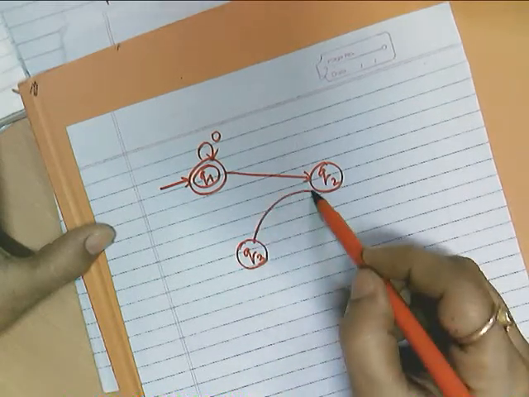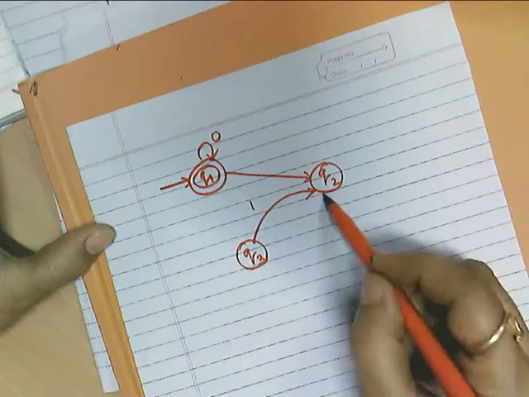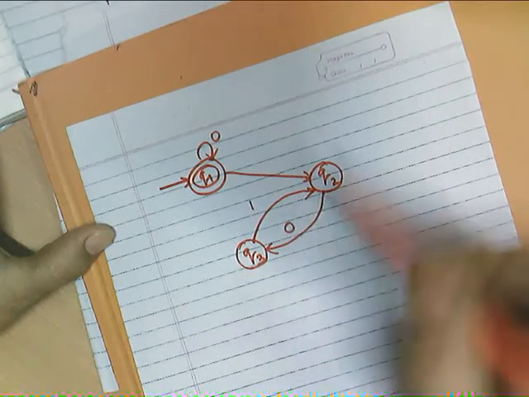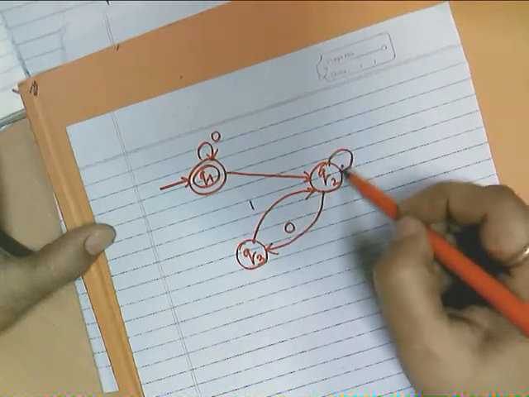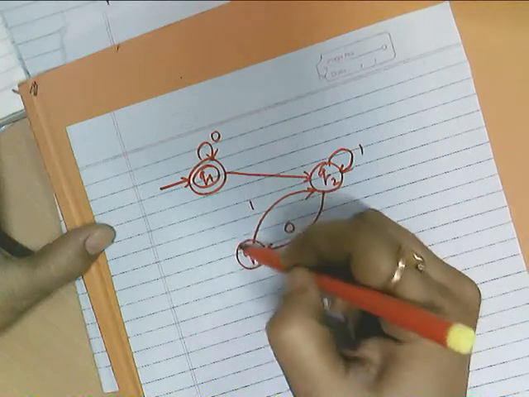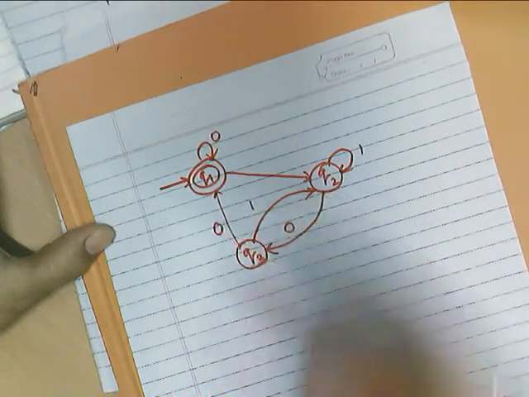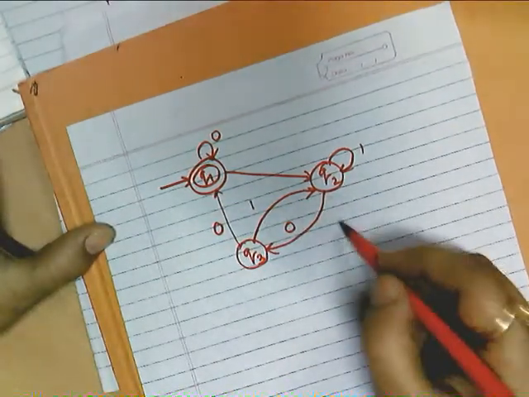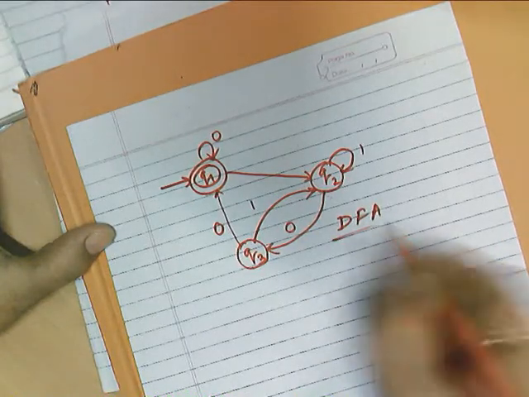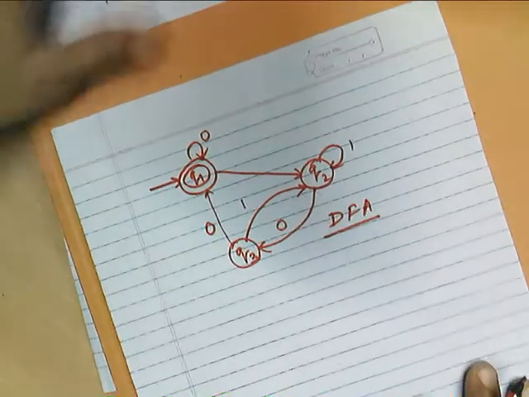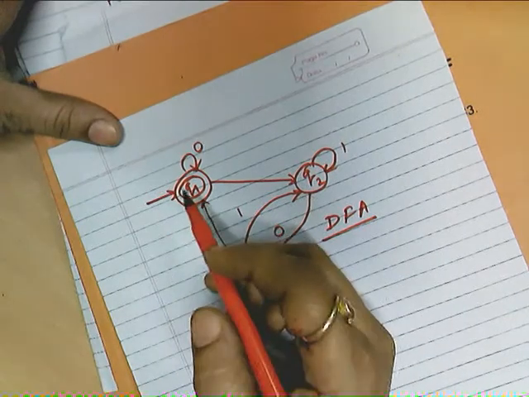Now there is an expression 1, 0, then 1 and this 0. So this is the given DFA, and for this the regular expression is asked. So we will start quickly.